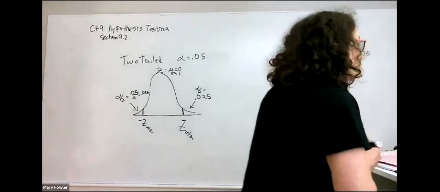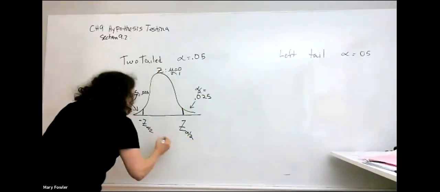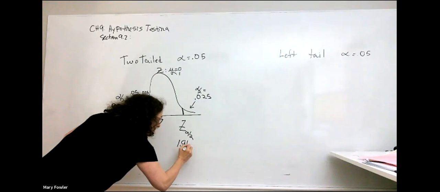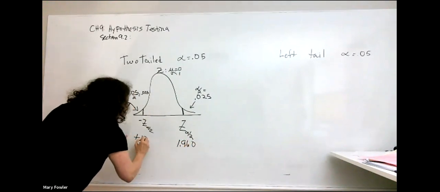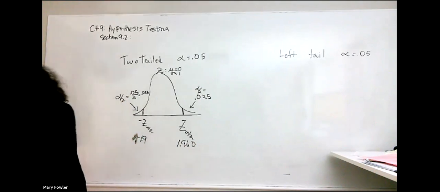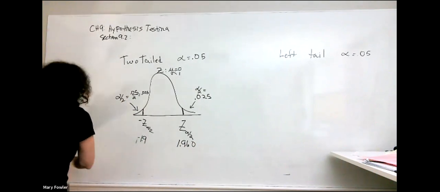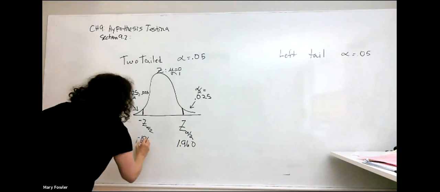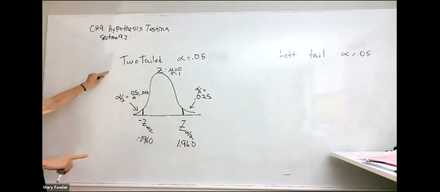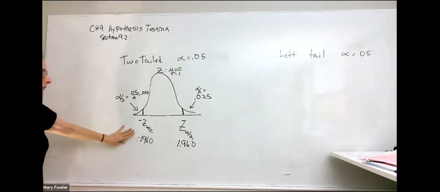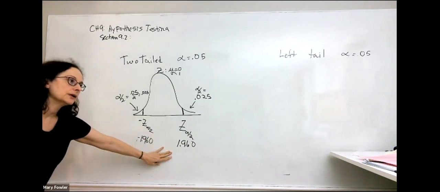So we see here that this would be 1.960, and this is plus or minus 1.960. That's a value we've seen before. We know that the normal curve looks like this. So these would be our critical values, negative 1.96 and positive 1.96.